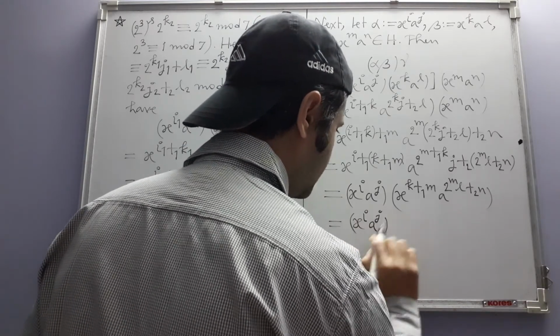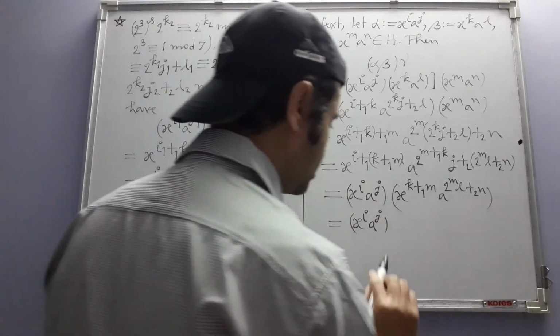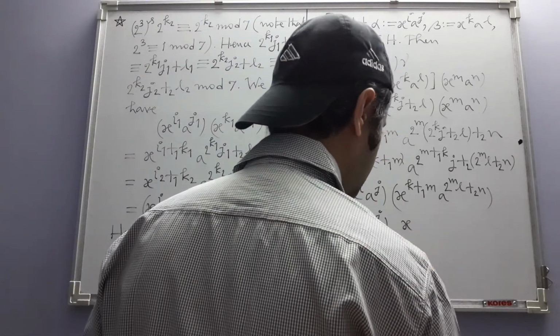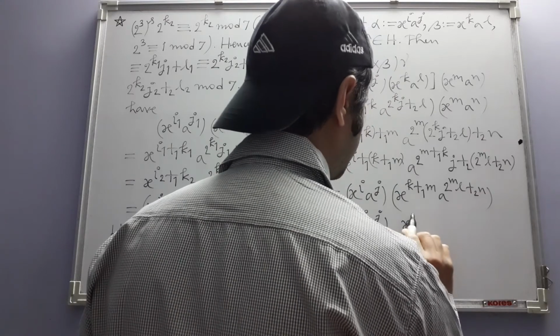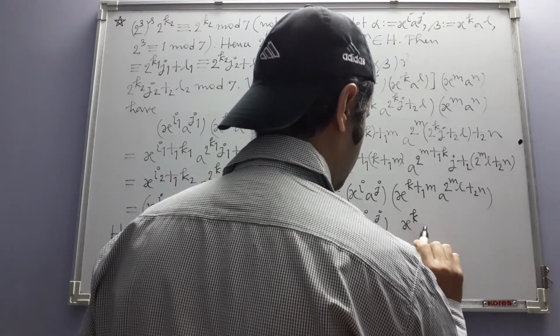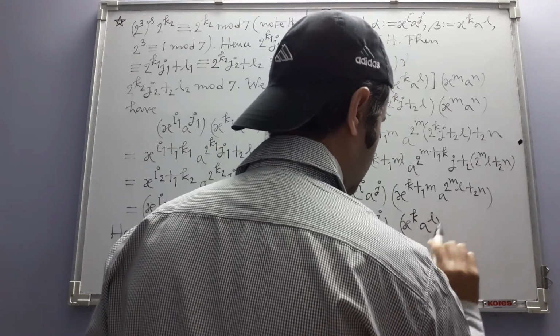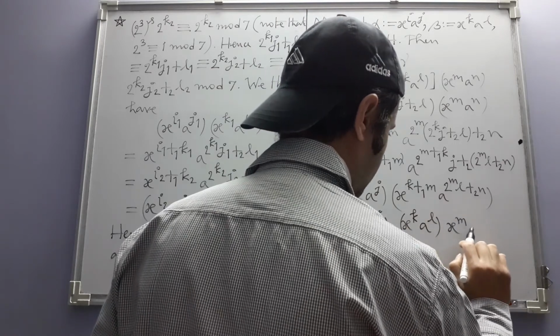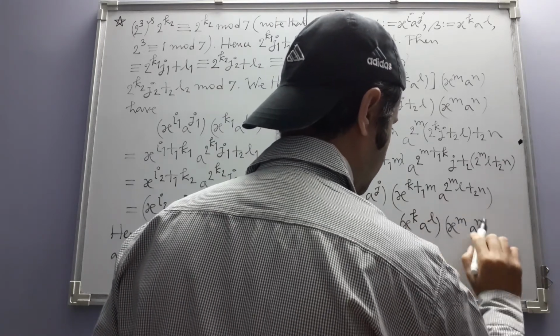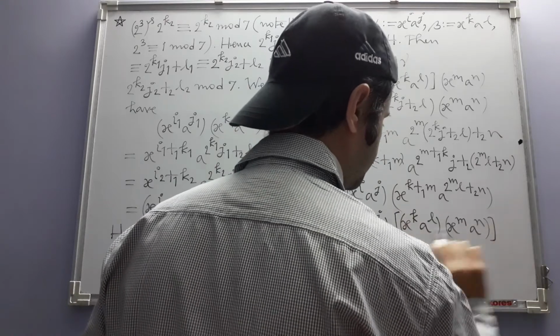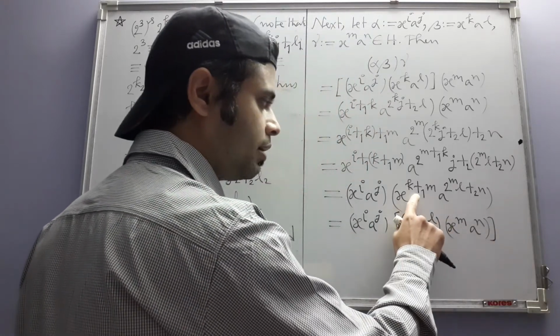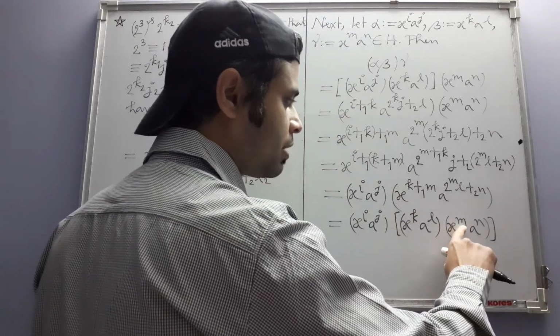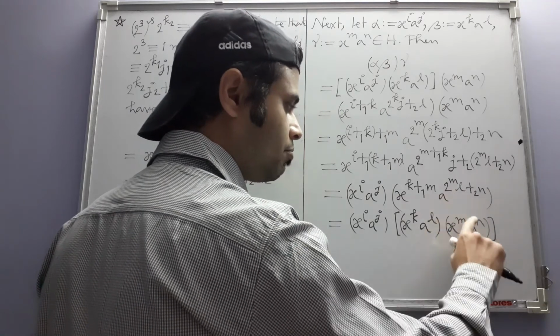Now you can see that what we have here, the second factor, is actually itself the product of these two things, (l a n), that is (k plus 1 m) and 2 to the power m times l plus 2n.